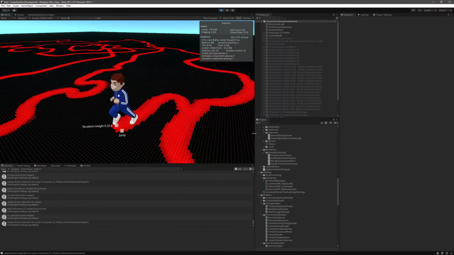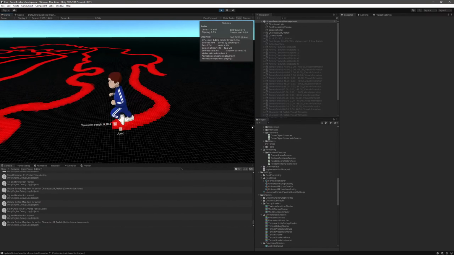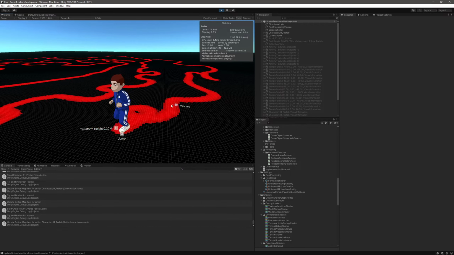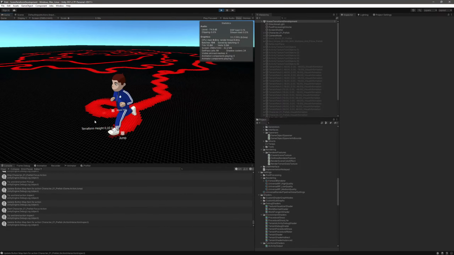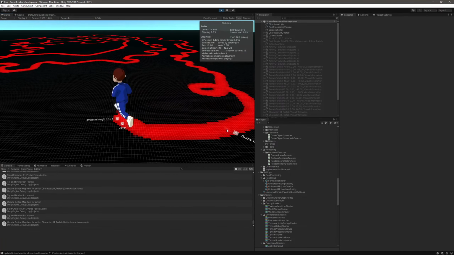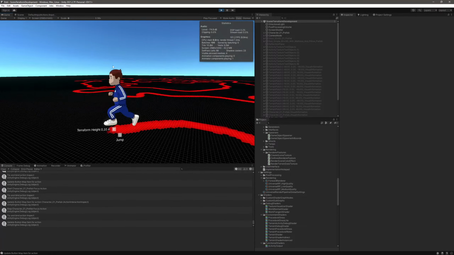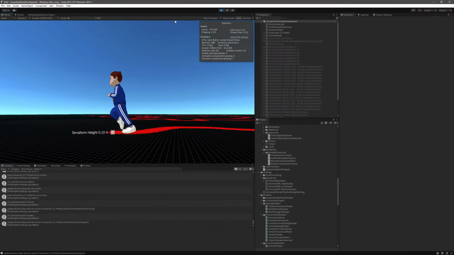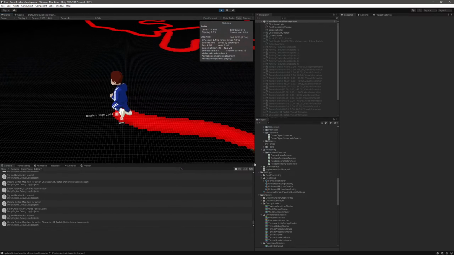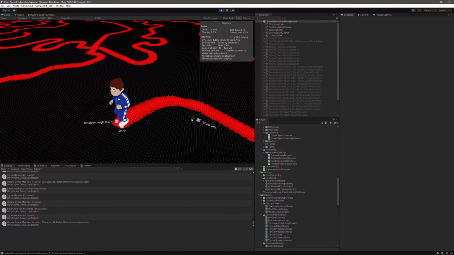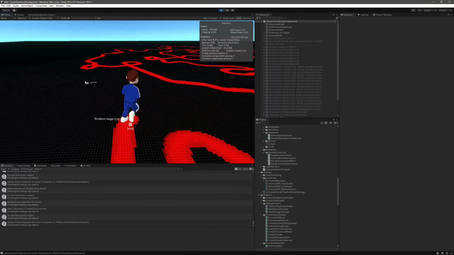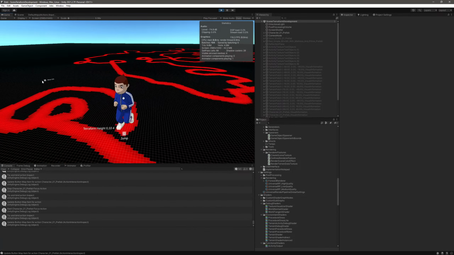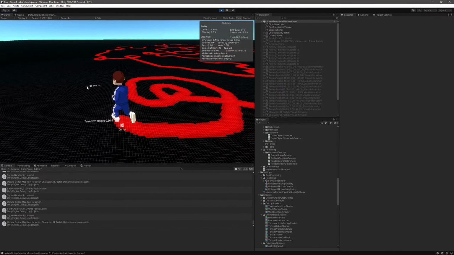So I think that's what we're gonna do. Right now we're printing min height here. I think we're gonna rework this one as height to ground, and then we're also gonna have a height difference, or distance to ground and distance to water plane, something like that.